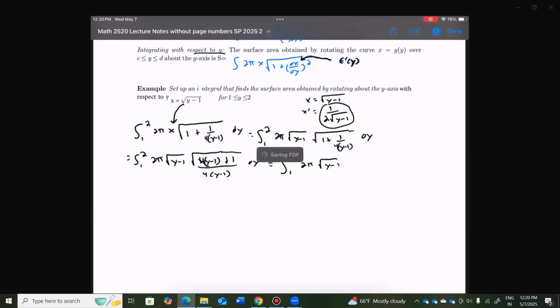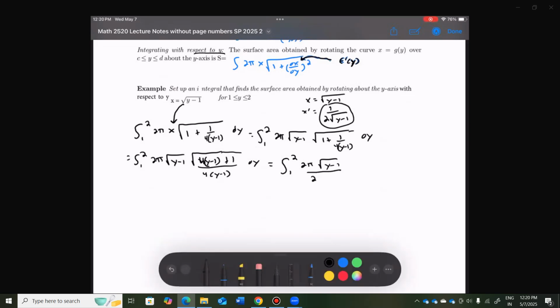So I have 2 square root of y minus 1 times square root of 4y minus 1 plus 1. And things cancel, that cancels with these. So integral from 1 to 2 of pi square root of 4y minus 1 plus 1, dy.